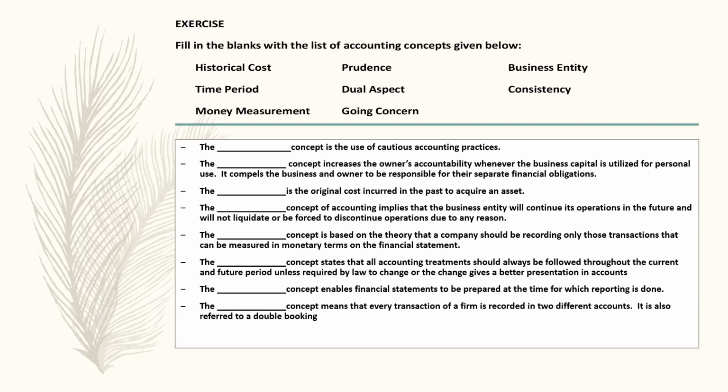The fifth answer is money measurement. Of course, I feel I should have numbered these because I didn't number it, sorry. The fifth answer is money measurement. So what I'll do, I'll read it so you will know it's the fifth one I'm talking about. All right, the money measurement concept is based on the theory that a company should be recording only those transactions that can be measured in monetary terms on the financial statement.